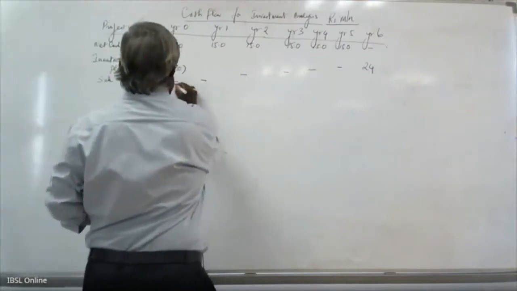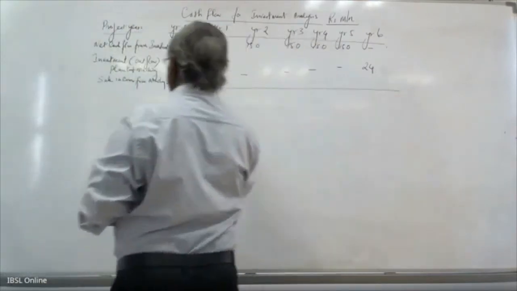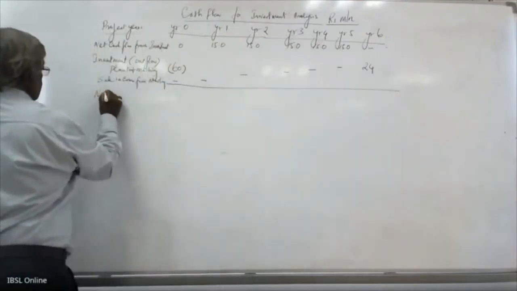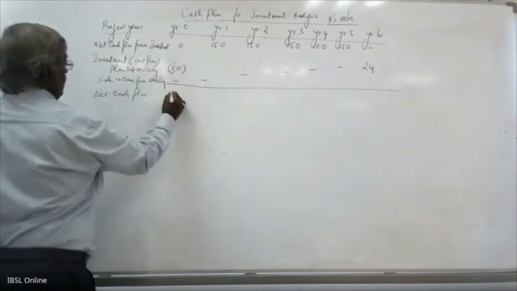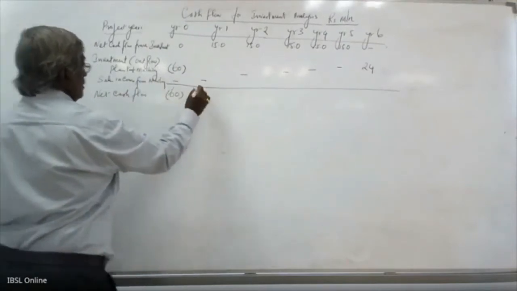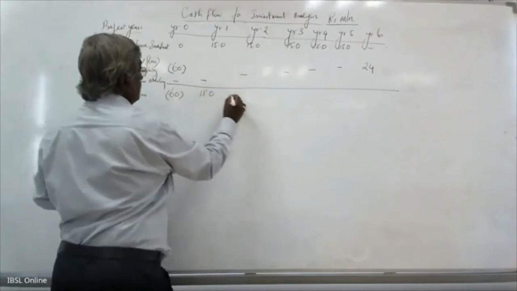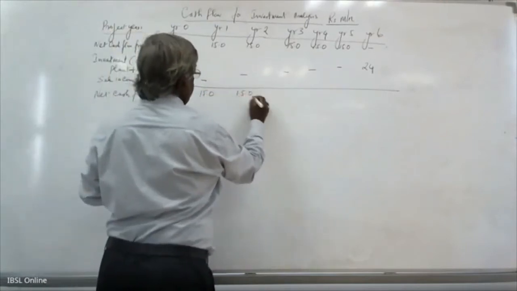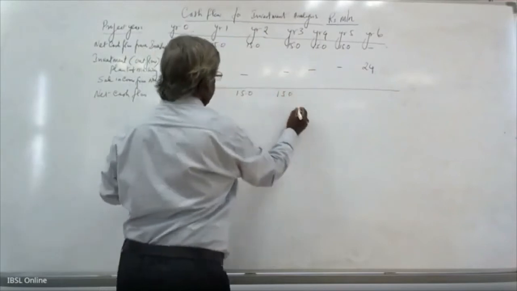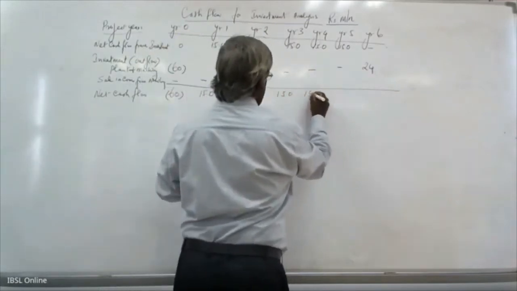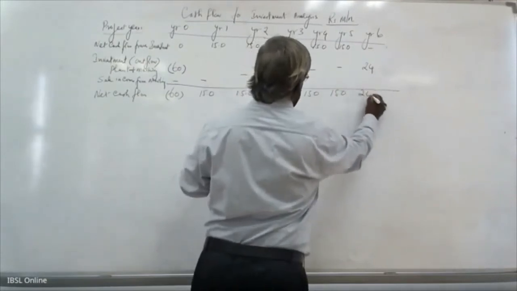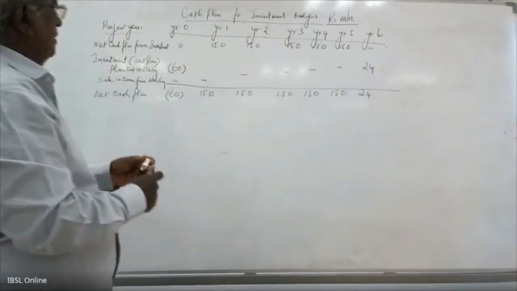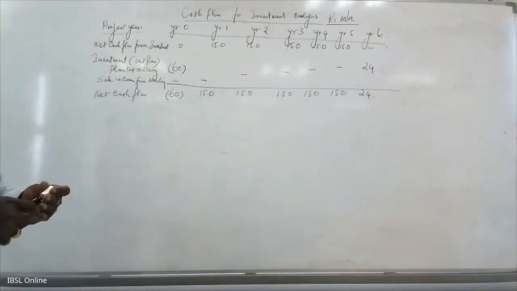Now the net cash flow: here minus 60 million, here 0, then 15 million, 15 million, 15 million, 15 million, and 15 plus 24 million. This is the net cash flow for the investment analysis.